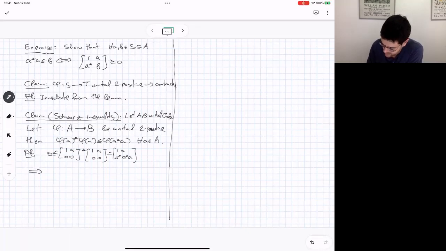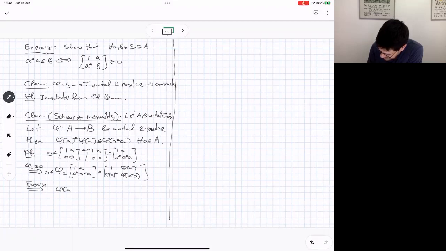So by 2-positivity, phi 2 is positive, which means that phi 2 applied to it is positive. But this is nothing but 1, phi of A; phi of A star, phi of A star A. By the exercise, it means that phi of A star phi of A is less than phi of A star A.